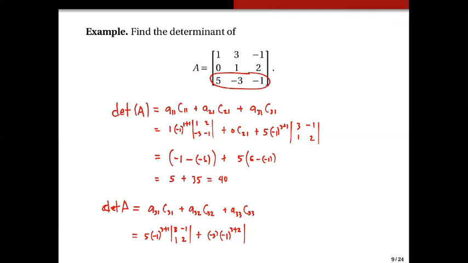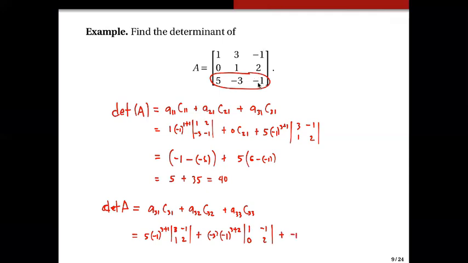So we have 1, 0, negative 1, positive 2. And then we have the A33 entry. So this is your A33 entry.